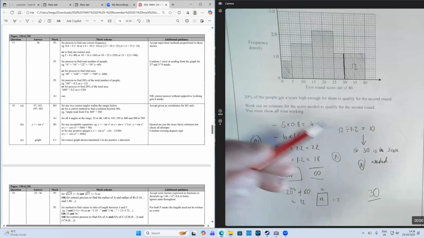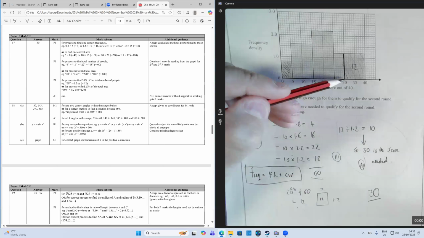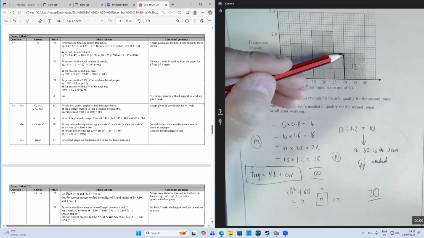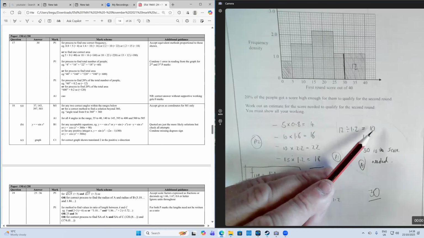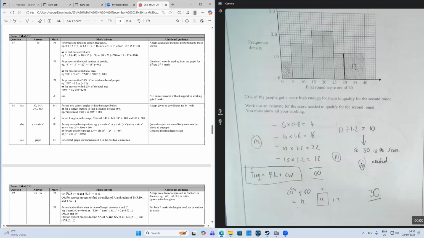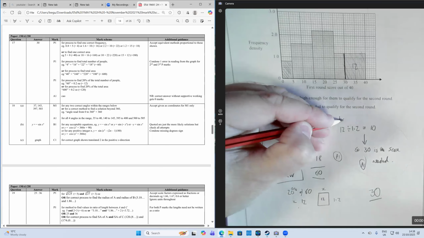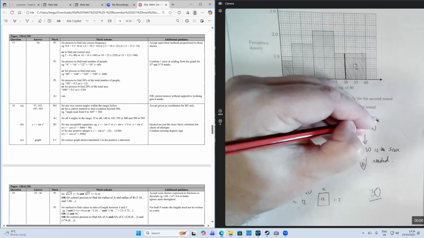Okay, so we know that we need an area of 12. We know that we have a frequency density of 1.2. Okay, so 12 divided by 1.2 will tell us how wide the bar should be in order to give us that frequency of 12. So what we're basically saying here is that our frequency divided by our frequency density is giving us our class width.